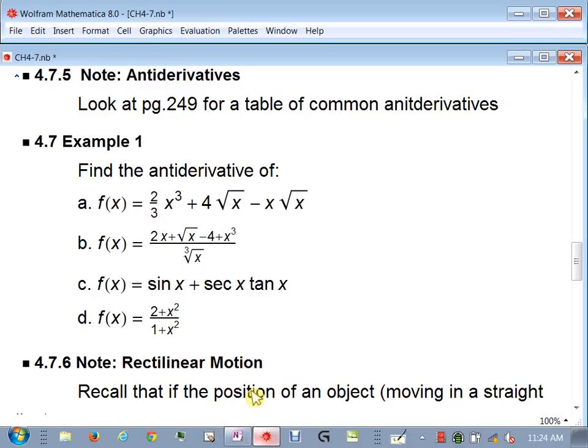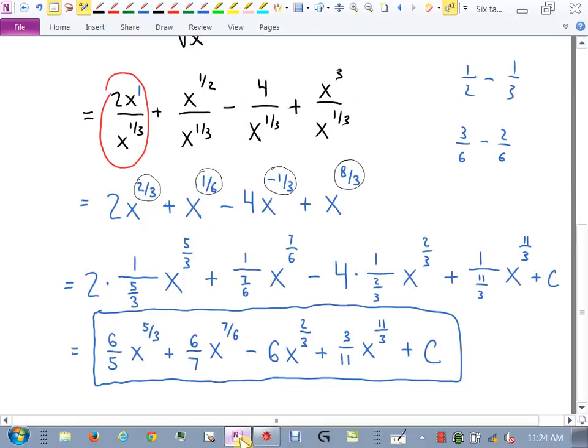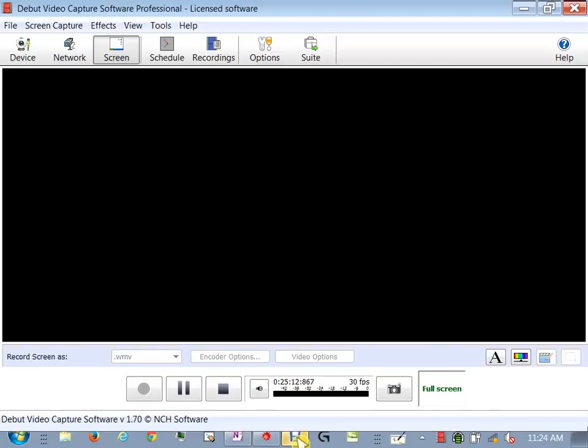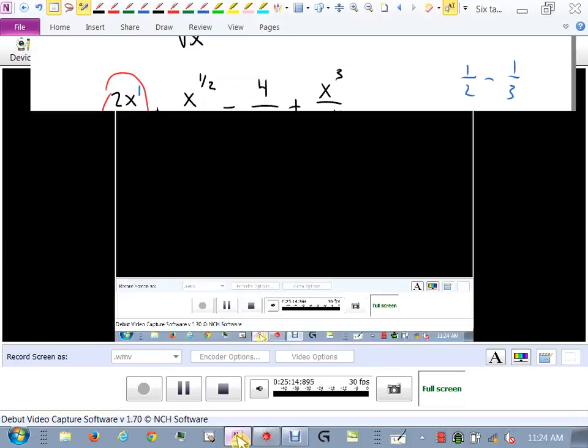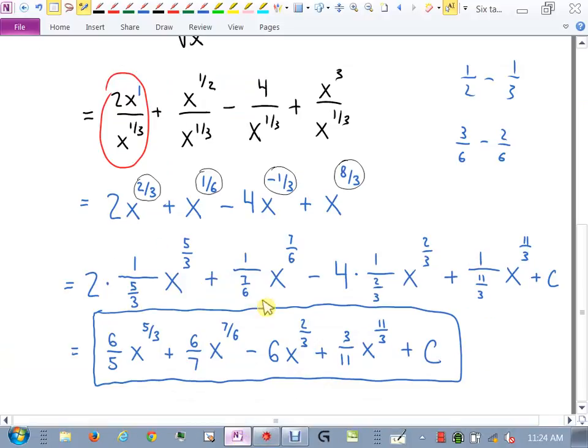Sine x plus secant x tangent x. We good? Okay.